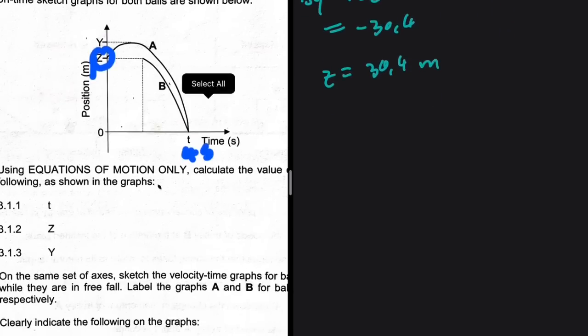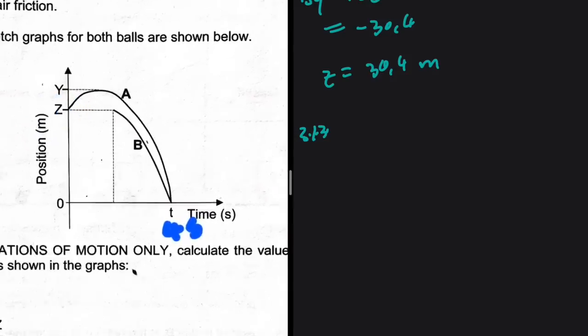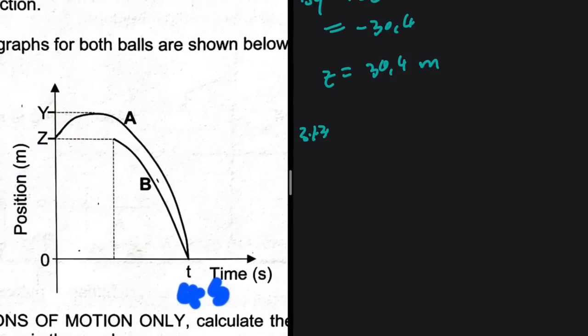Okay, what about 3.1.3? We are looking for the value of y. So y is the maximum height reached by A, right? If I still remember, for A the initial velocity is 12, the acceleration is minus 9.8. At maximum height, we know that vf is equal to 0, and we are looking for delta y.